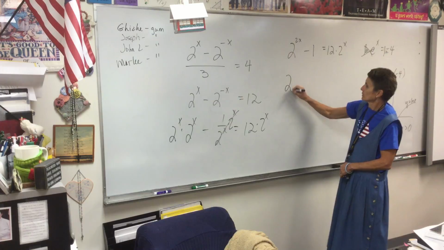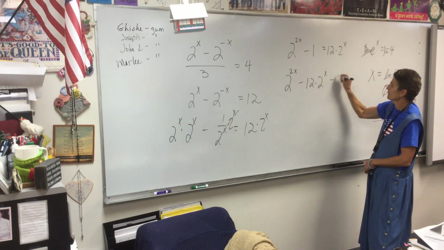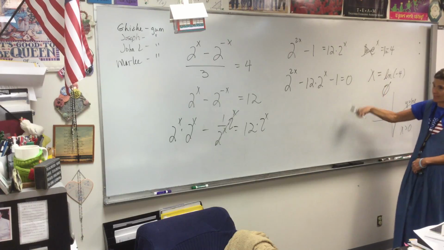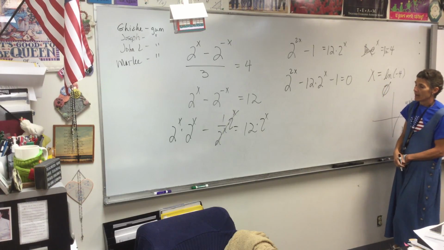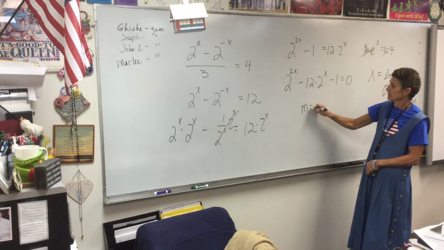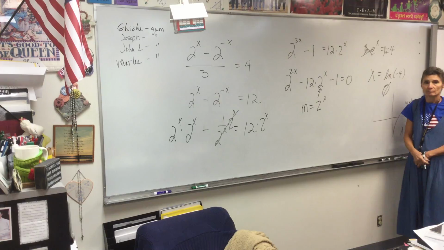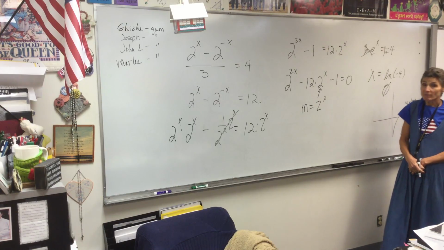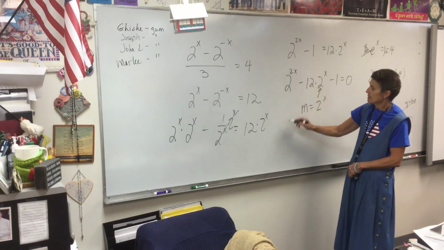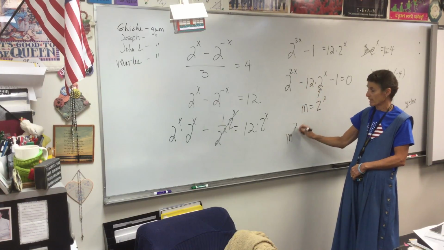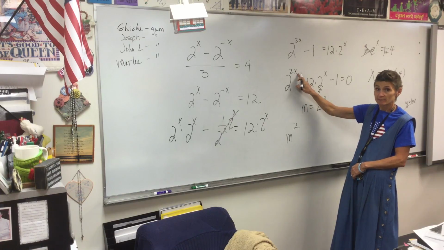Now I'm going to get it set equal to 0, and I'm hopeful that you will see a similarity to the problem that we just did, that I just erased. I'm going to let m be 2 to the x. So if m is 2 to the x, then I will have m squared, because that's 2 to the x twice.